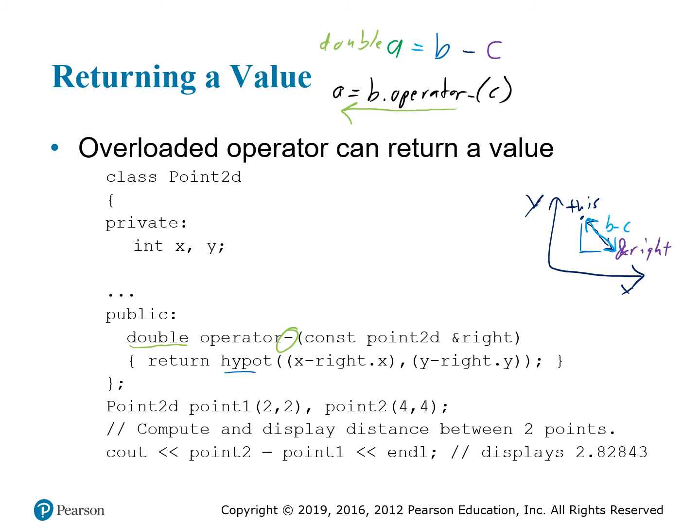So we can just use X minus right dot X, Y minus right dot Y. Okay. And then we use hypotenuse function to convert that into a double that represents the straight line distance between points B and C, and that works out. So you can have point A minus point B return a point, or you can have point A minus point B return actually a double or any other kind of value.